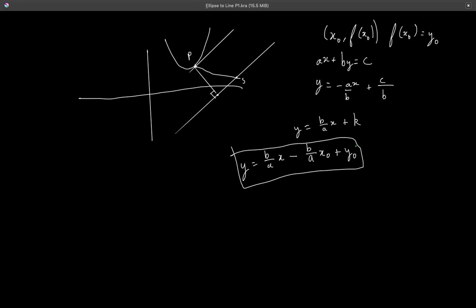Okay, so given this equation, and given the equation of the given line, we're going to find the coordinate of S, which is right here. That basically just amounts to solving this system right here.